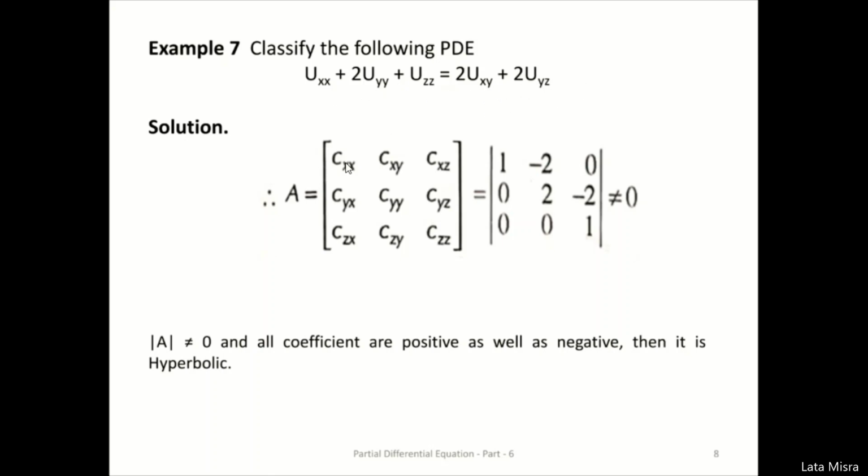The coefficient of uxx is 1, the coefficient of uyy is 2, the coefficient of uzz is 1, the coefficient of uxy is minus 2, and the coefficient of uyz is again minus 2. When we find the determinant of this coefficient matrix, we get it is equal to 2, and 2 is not equal to 0, but negative terms as well as positive terms are present in the coefficient matrix, so it is hyperbolic.